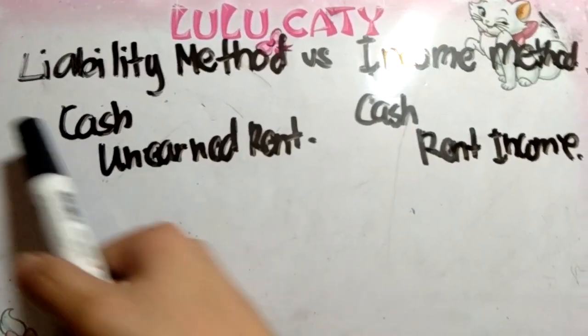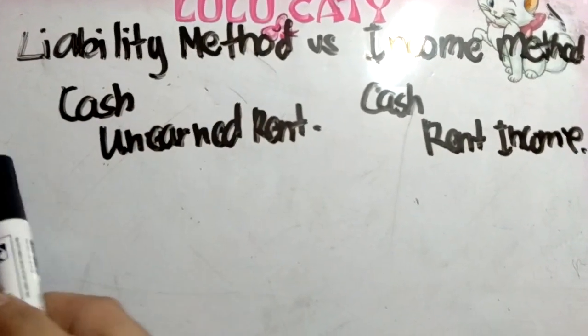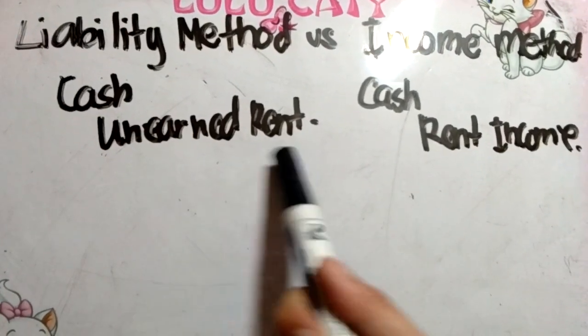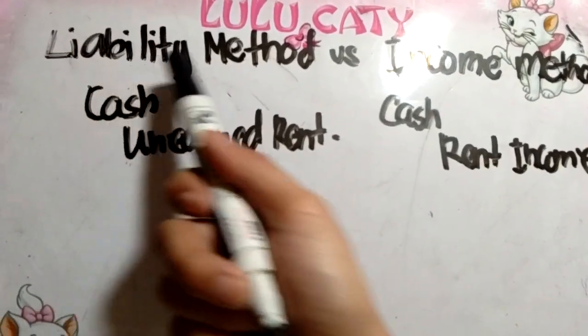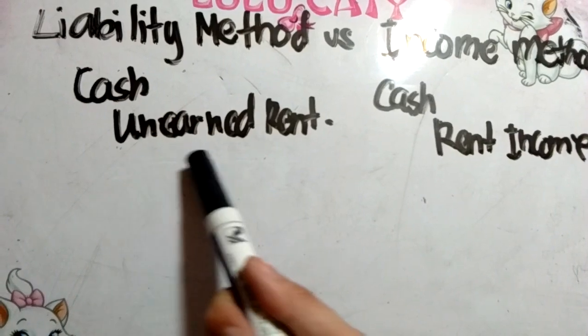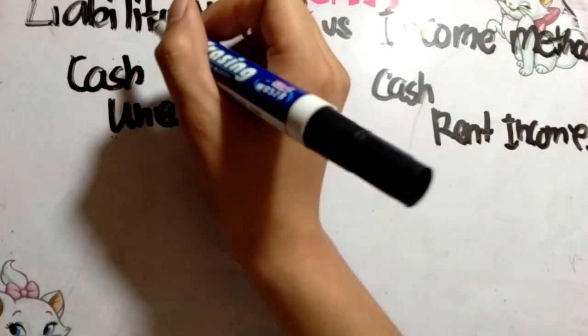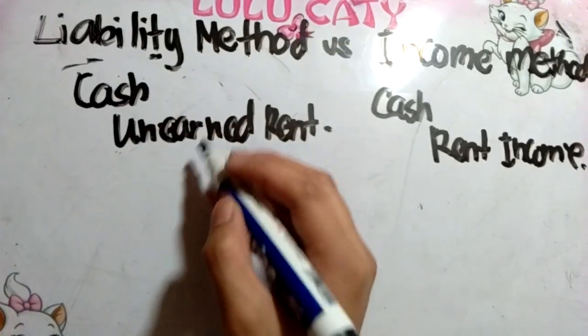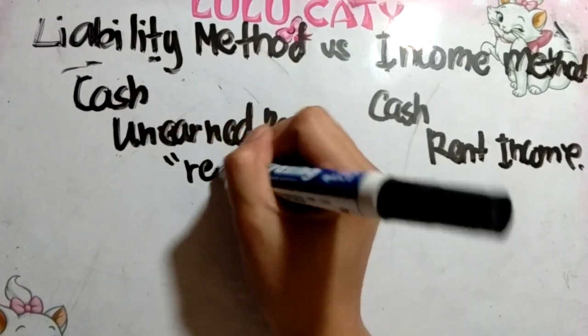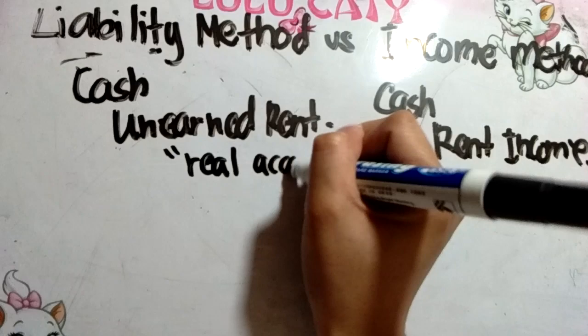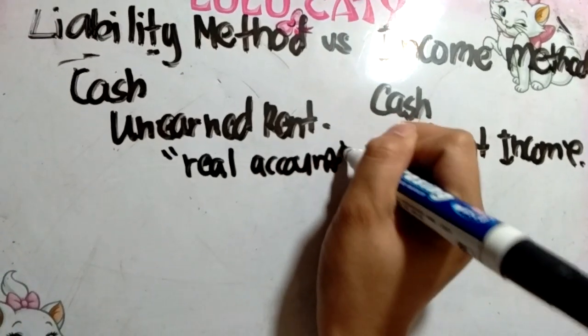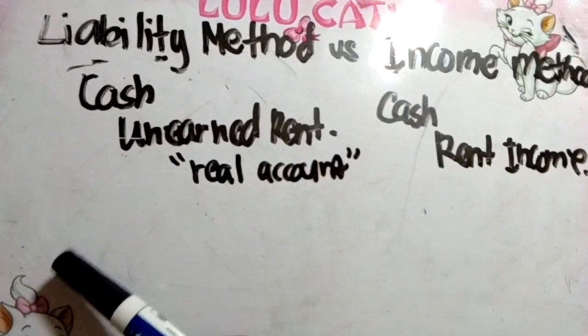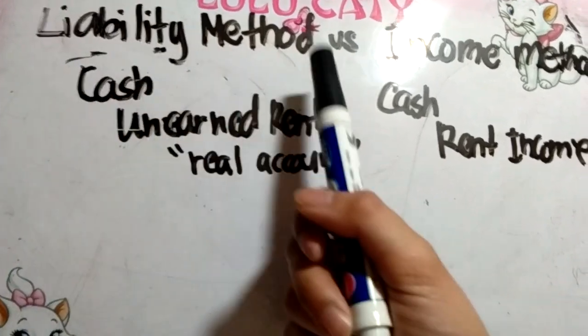If you're going to see, we use the liability method, we are using the liability account. Liability method, we are using a real account. Since liability is a real account, so this one is a real account. What will you do at the end of the period if you're going to use the liability account?